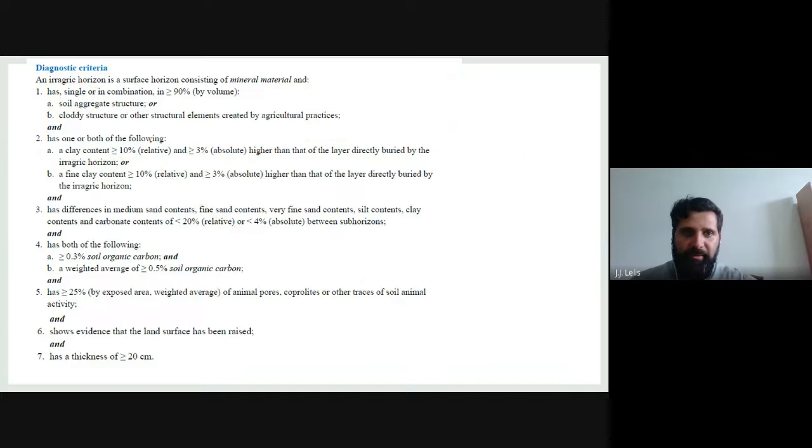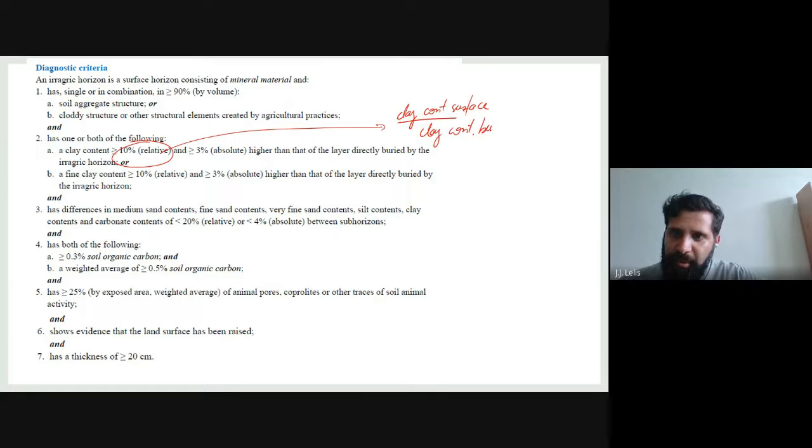This relative term could be calculated from a ratio between the clay content of the surface horizon and the clay content of that buried or subsurface horizon.